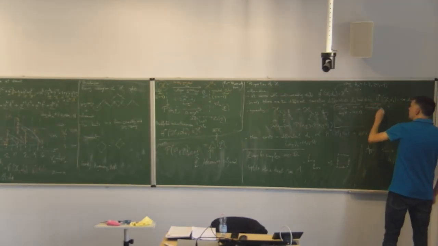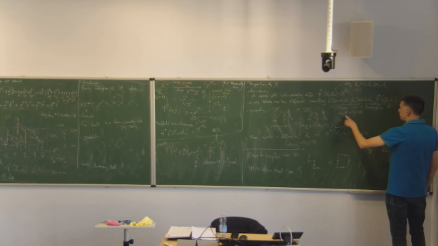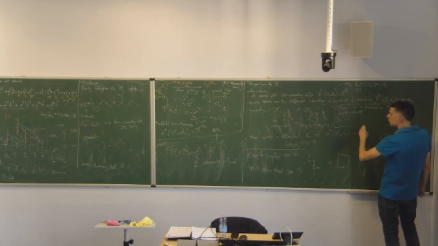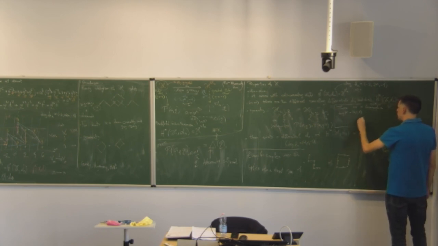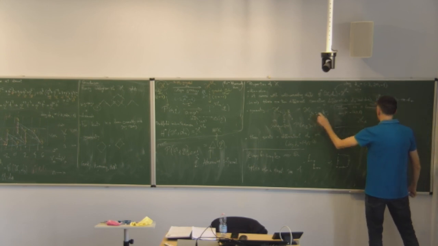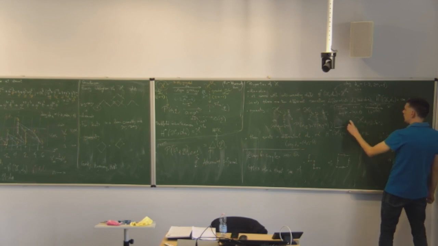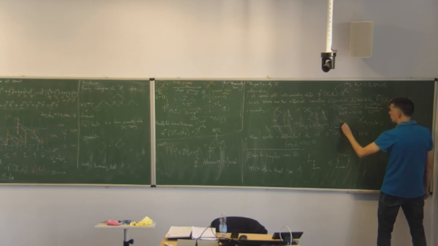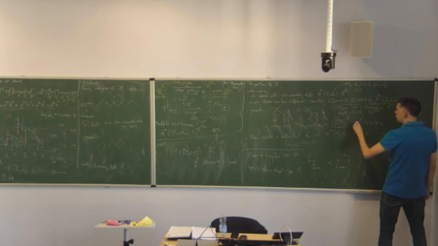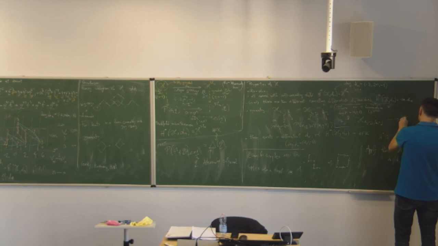I will explain it. It says that if I want to relate H(i minus j, k minus j), let j be positive. Then I can apply this F, j times, and this map is an isomorphism.